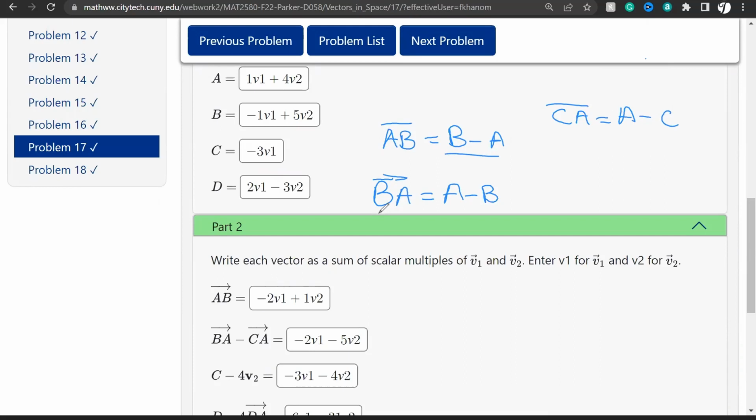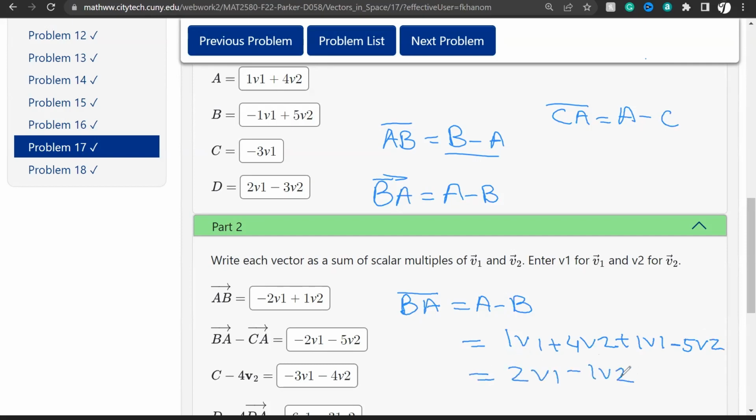So let's solve BA first. My BA is A minus B. My A is 1 V1 plus 4 V2, minus negative 1 V1 plus 5 V2, wait, minus (-1 V1 plus 5 V2). So it's going to be equal to 2 V1 minus 1 V2.